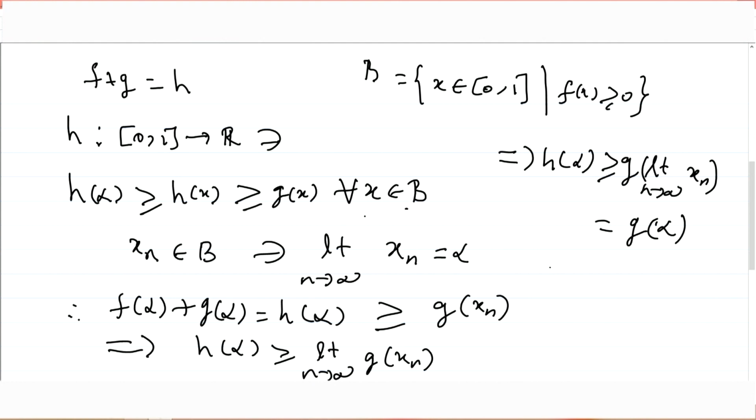This immediately tells us that f of alpha must be greater than or equal to 0. Is it clear up to this? I guess that f of alpha must be 0. Our guess will be correct if we can show that h of alpha is equal to g of alpha.